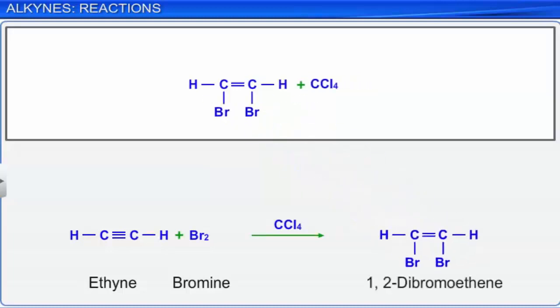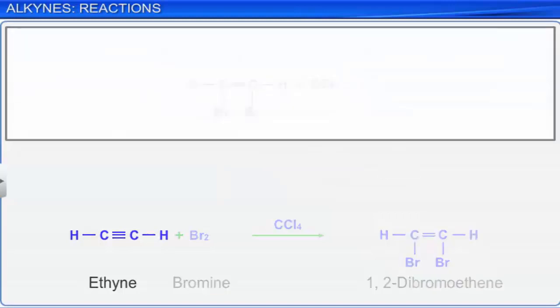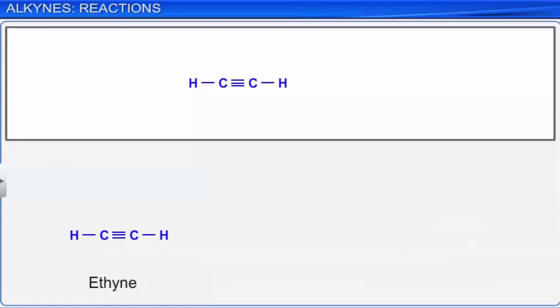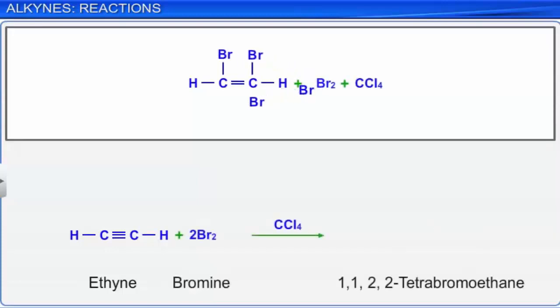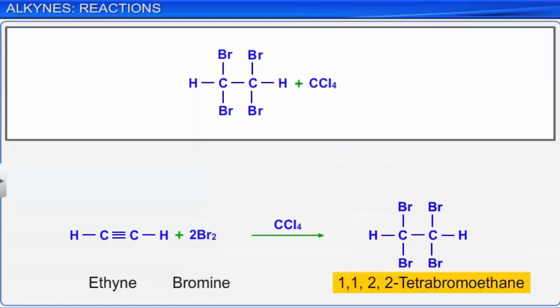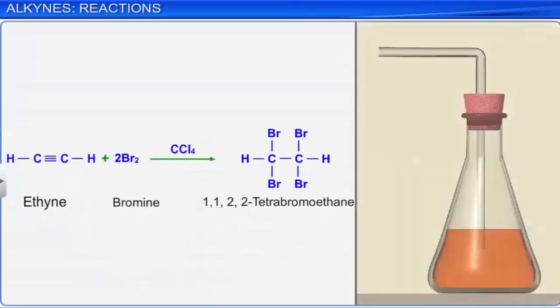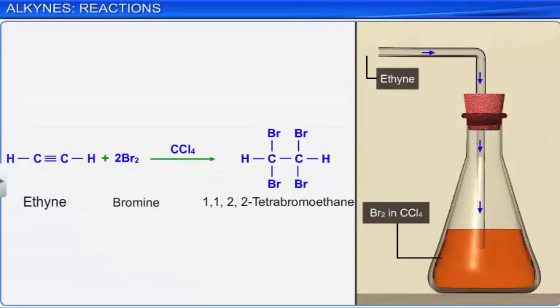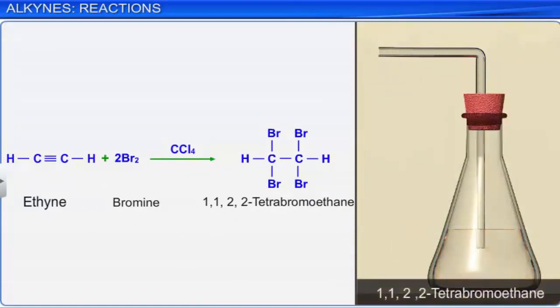And when it reacts with two molecules of bromine, 1,1,2,2-tetrabromoethane is formed. The reddish-brown color of bromine decolorizes due to the formation of saturated 1,1,2,2-tetrabromoethane. Thus, this reaction is used as a test for unsaturation.